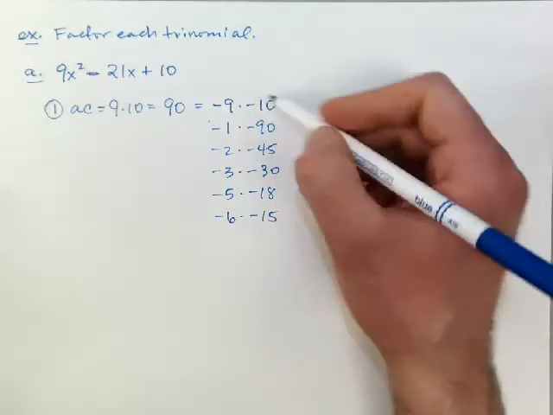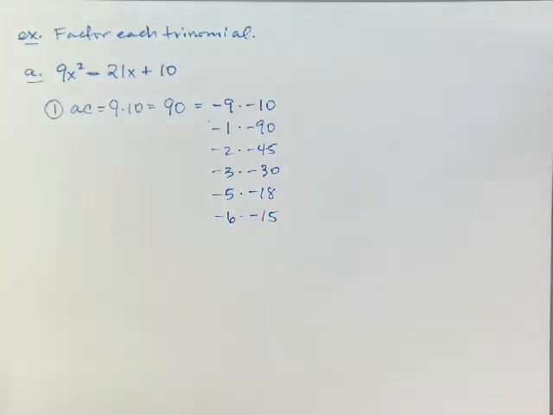We already got minus 9 times minus 10. And anything else we could do? Then we just start to repeat. So those should be all of our possible factorizations.